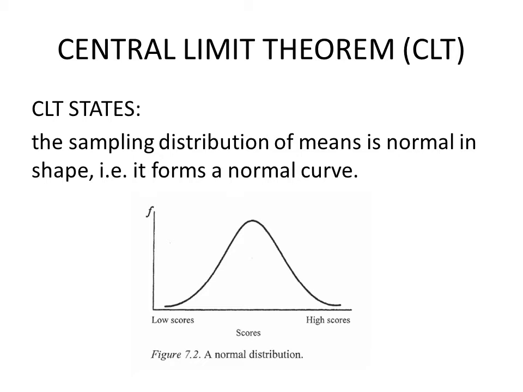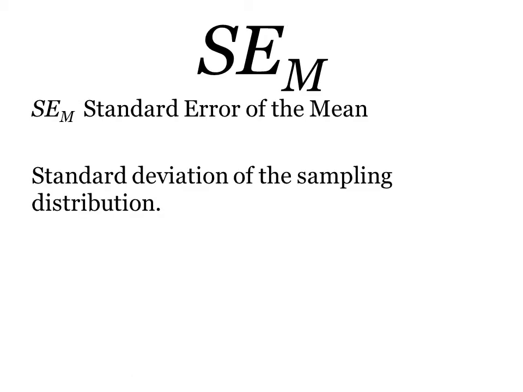Now, we also know that the standard error of the mean, noted above, is the standard deviation of the sampling distribution, and it is actually a very useful statistic. You will see in the next slide how this works.